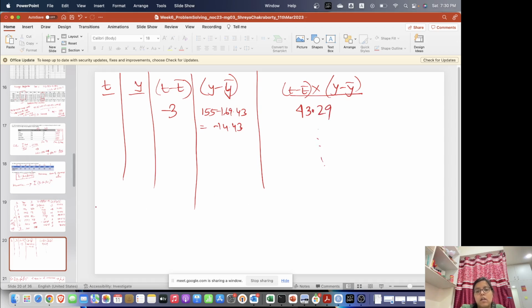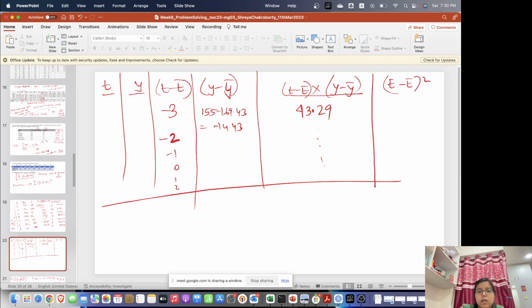So then we would take this column and t minus t bar whole square. So this was minus 2, minus 1, 0, 1, 2, 3. So we would have 9, 4, 1, 0, 1, 4, 9. So this will be 28.